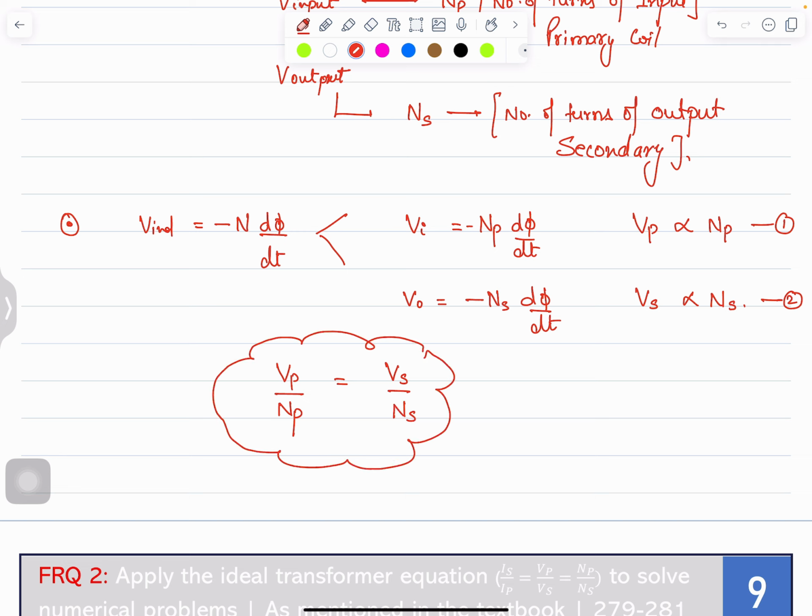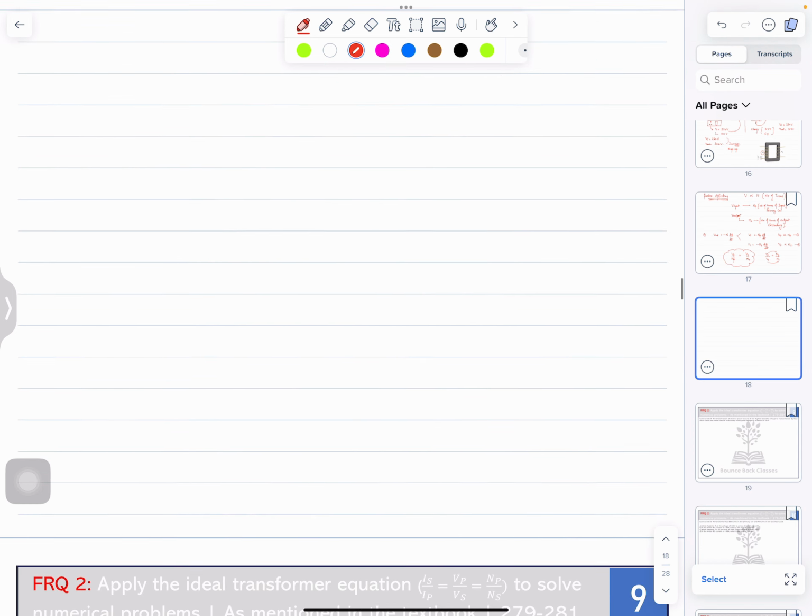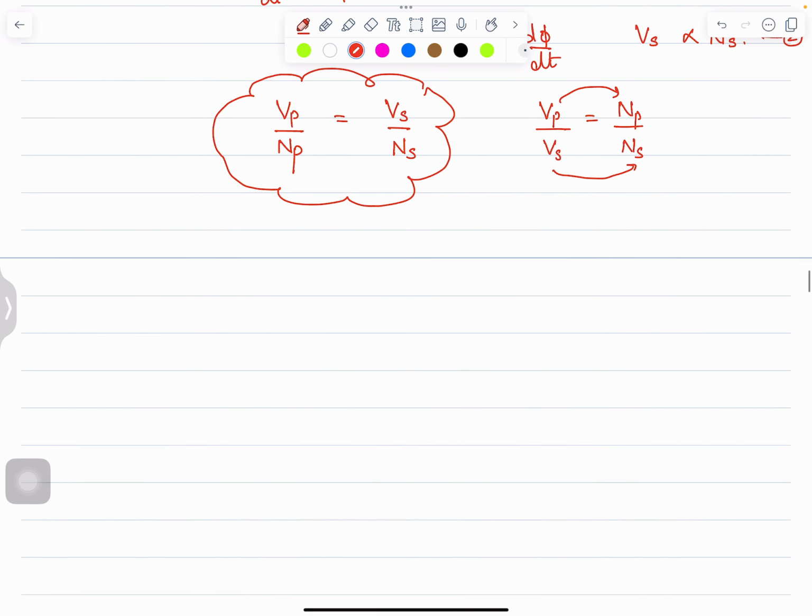Or you can just compare the ratios of VP divided by VS and NP divided by NS. Just remember, P and P, S and S, are in front of each other. Clear, guys? One more thing. Now the second part, what we need to understand.